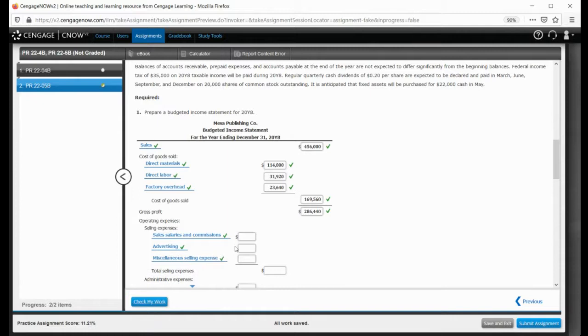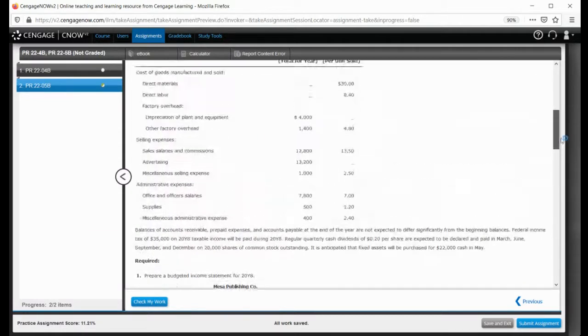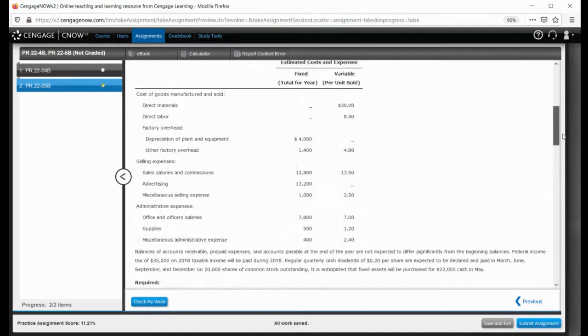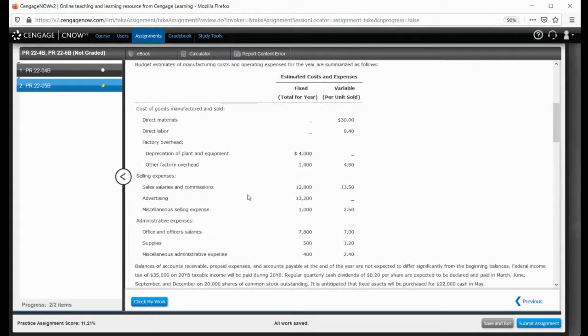And these are your account titles, and then we're going to figure out each of the amounts separately. Your sales salary and commissions is a mixed account. You can see here that it's got part variable and part fixed in it.